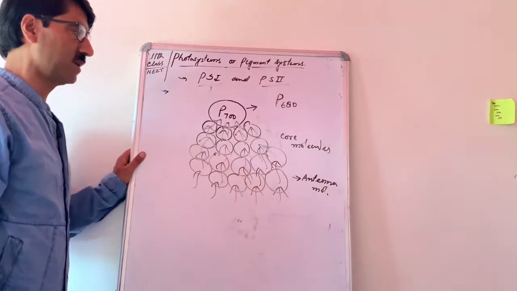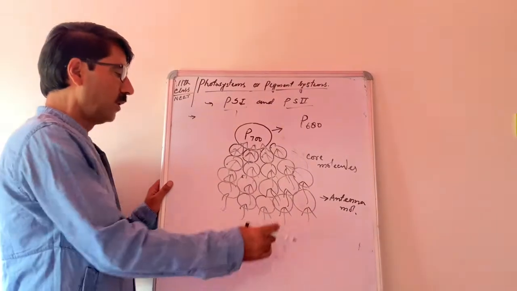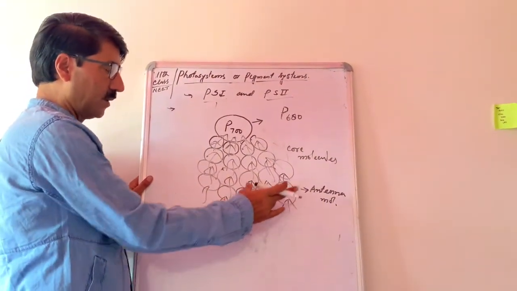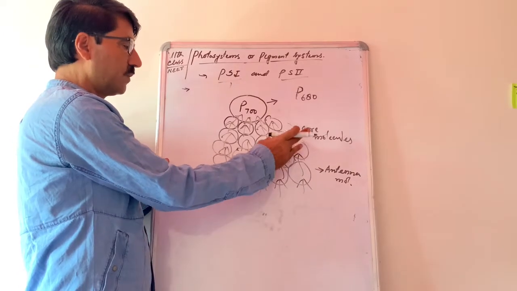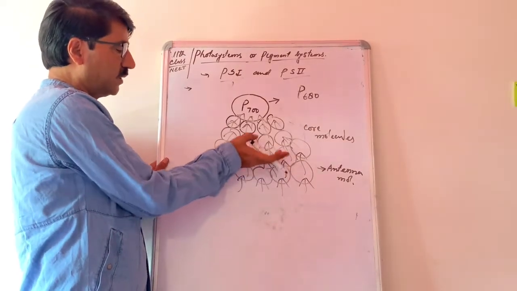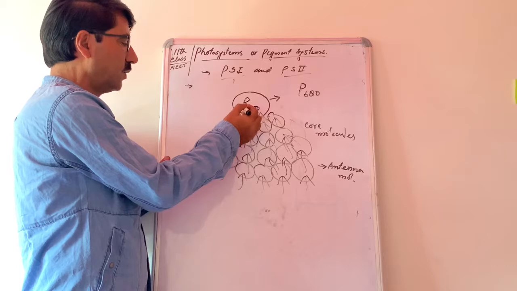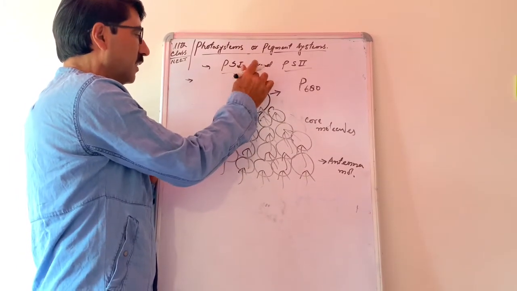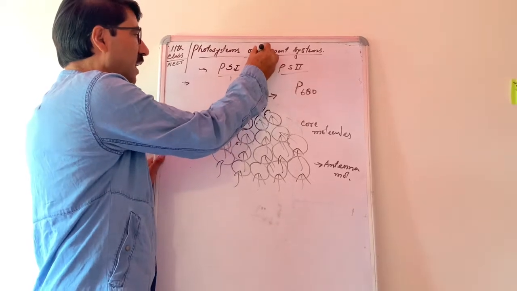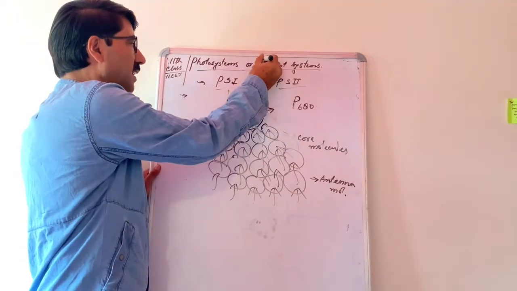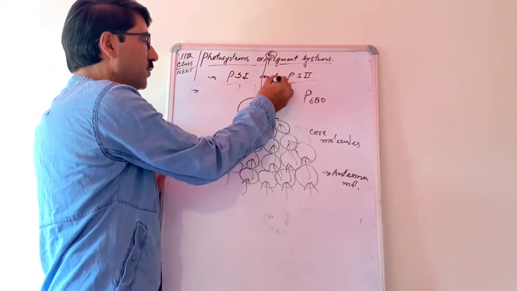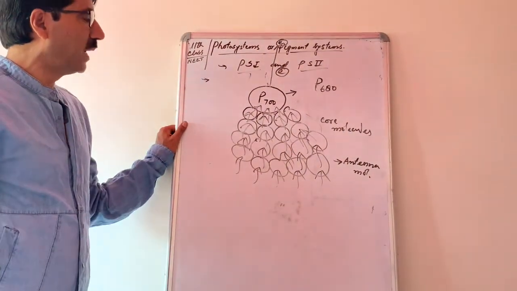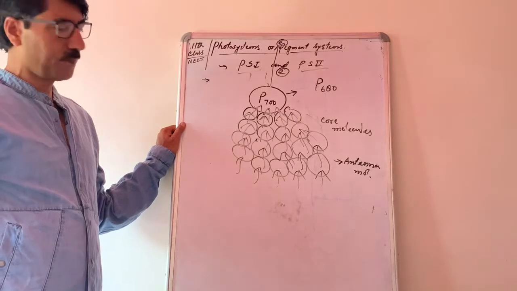and that has been named as P680. As we have now seen, the absorption of light by the antenna molecules or the core molecules then passes their energy towards the reaction center, and this reaction center then extrudes the electron, and this electron is then received by the primary acceptor.